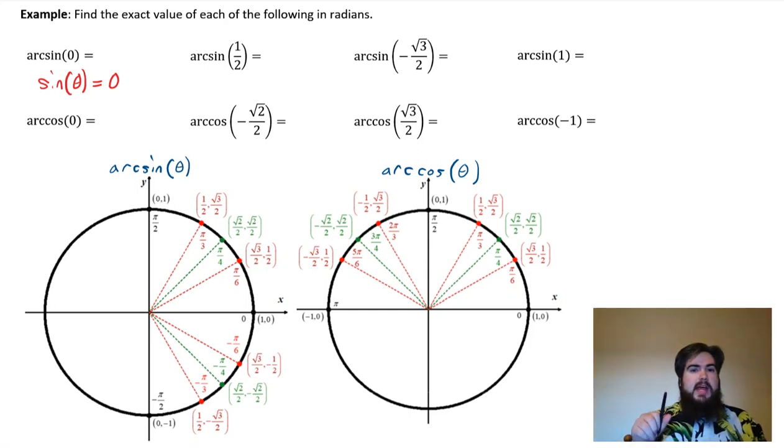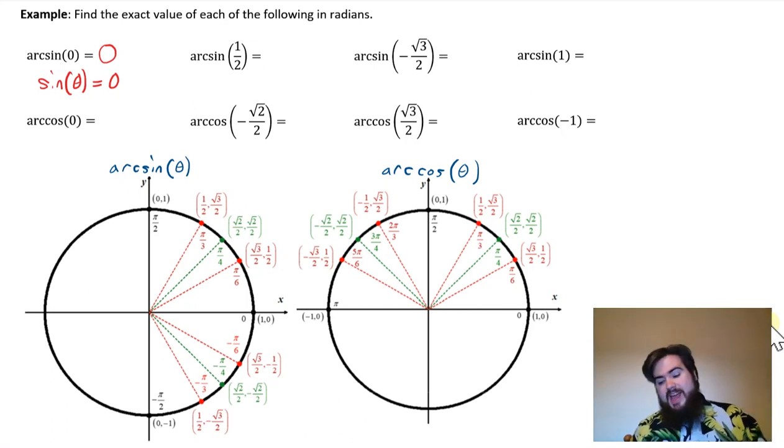Keep in mind that even though that happens in the unit circle at both radian value of 0 and also at radian value of pi, the only answer here is 0, because the value has to fit within the range for arc sine, between negative pi halves and pi halves. Pi does not exist within the range of arc sine, so it is not a possibility for a result.